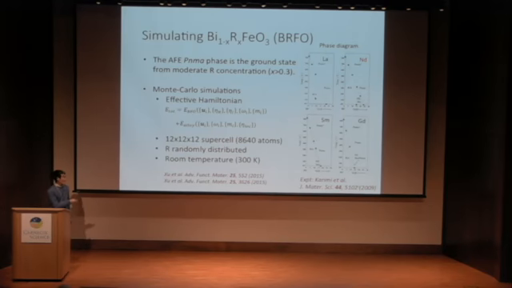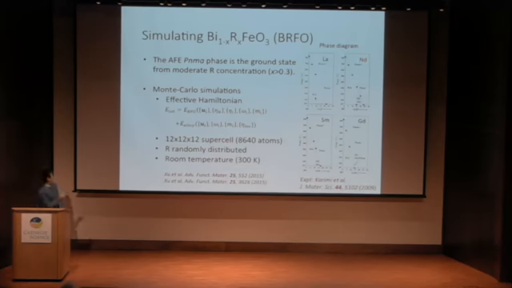And there's a common feature that for low composition and low temperature, the ground state is the rhombohedral R3C phase. If we increase the composition or increase the temperature, the antiferroelectric PMA phase can be stable. And we choose to study this bismuth neodymium ferrite solid solution. And the other BRFO systems should be qualitatively similar.